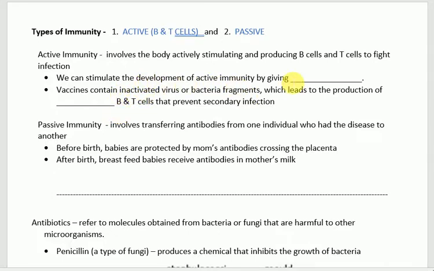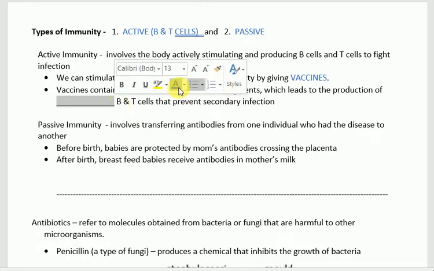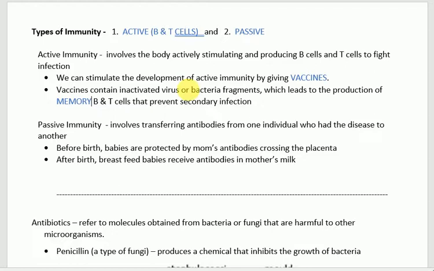We can stimulate the development of this active immunity, according to science, by giving vaccines. Vaccines contain inactivated viruses or bacteria, and that's going to lead to the production of memory B and T cells in order to prevent a secondary infection.